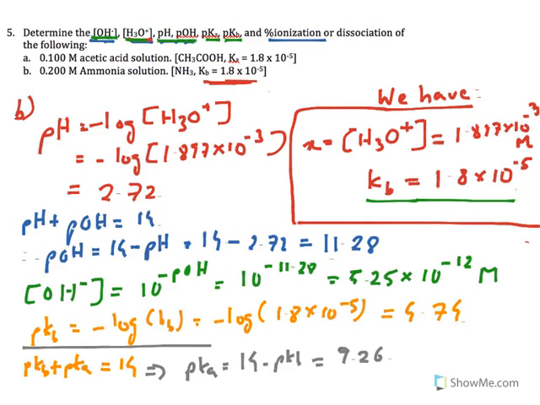Now if we look carefully, we used 0.200 molar ammonia in the beginning, and we ended up with a hydroxide concentration of 5.25 times 10 to the power of negative 12. So we can use these two values to figure out how much of ammonia has dissociated in this entire process.